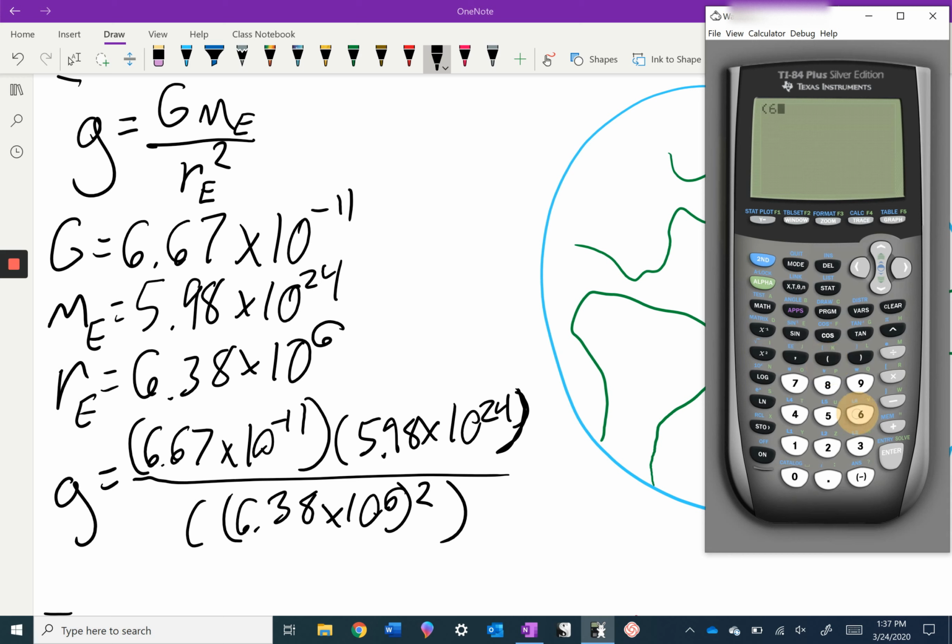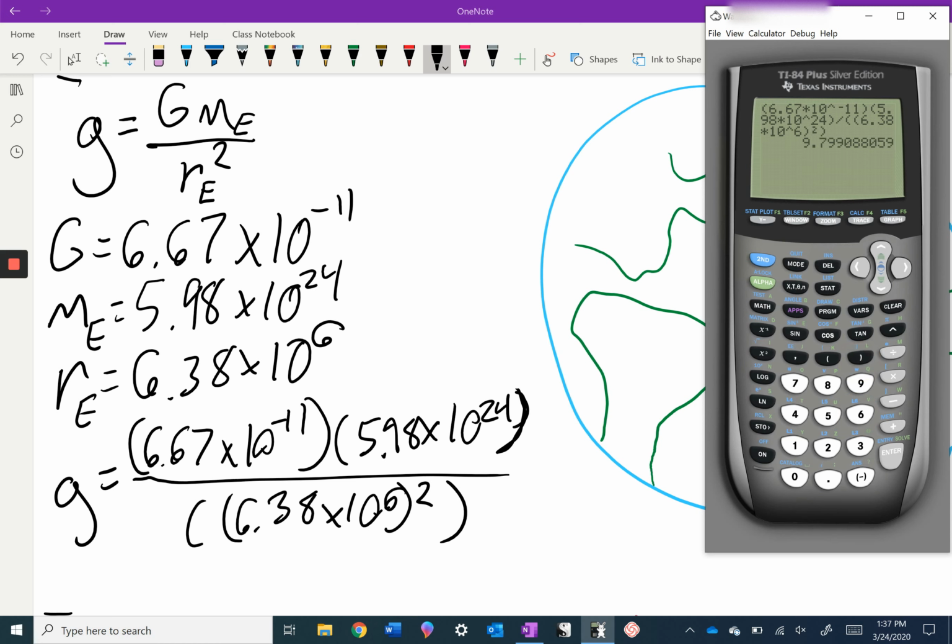So that gives us 6.67 times 10 to the negative 11th times 5.98 times 10 to the 24th divided by 6.38 times 10 to the 6th squared.